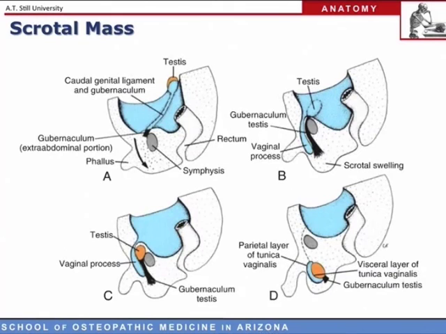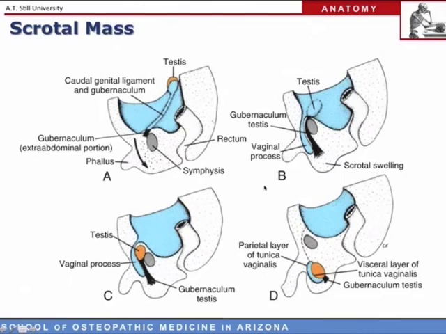Now let's take another look at this from a sagittal point of view, and again we see the peritoneal lining here in blue, and as the processus vaginalis has this outpouching here on the left and right, we see that it's a continuation of the peritoneal cavity, and when it comes down to its final resting place, what we see is that at birth this processus vaginalis should close off, and we see that represented as a dotted line right here.